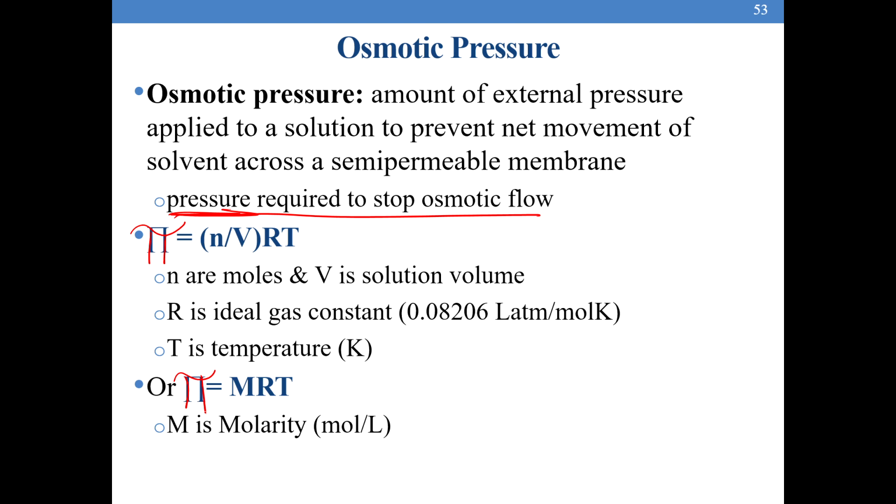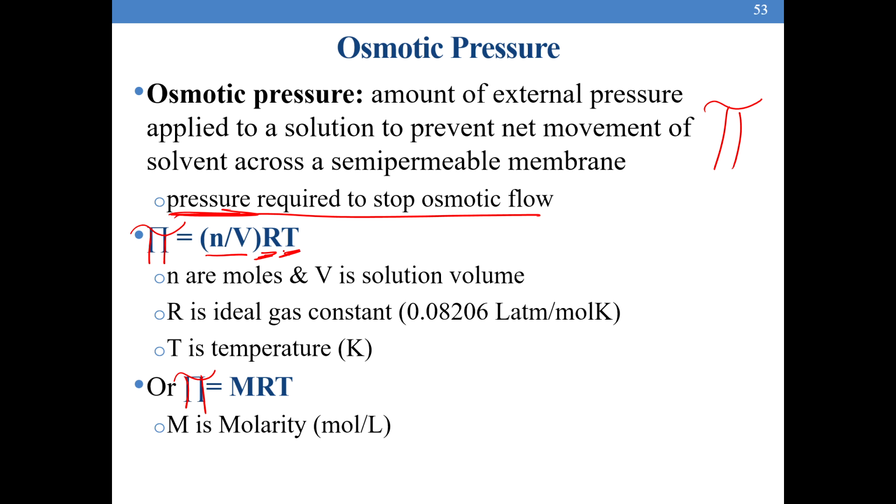So your book gives you the formula. Osmotic pressure, the symbol is the pi symbol, is equal to moles divided by volume times R, the ideal gas constant that we've already seen, times T, temperature.